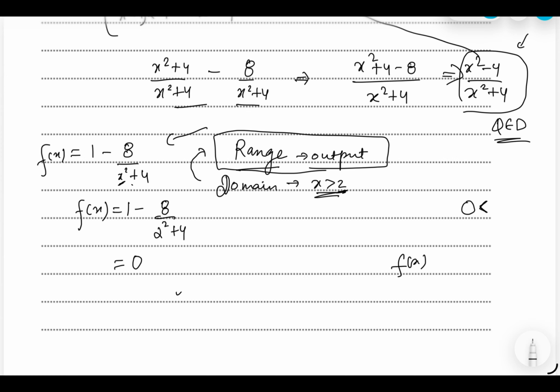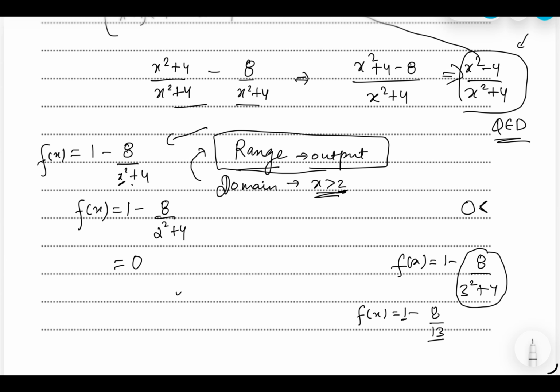It would become f(x) equals 1 minus 8 upon 3 square plus 4. This value will become smaller. Yes or no? It will become smaller. It would be lesser than 1. So f(x) equals 1 minus 8 upon 3 square, 9, 9 plus 4 is 13. 8 by 13.